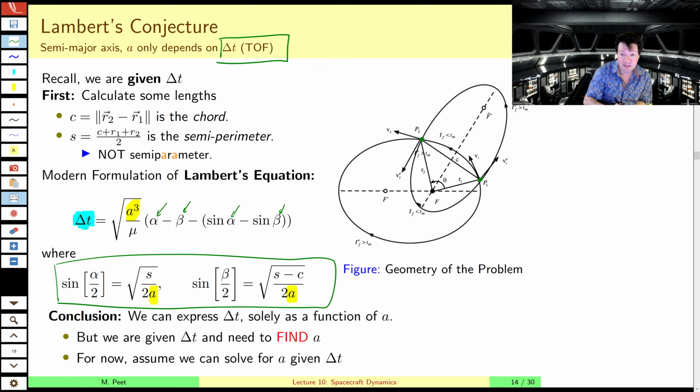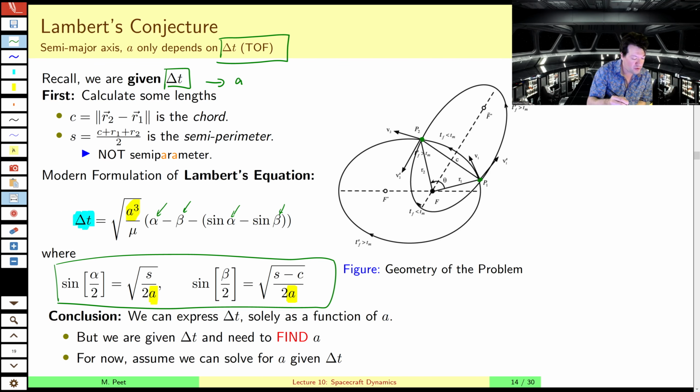We'll come back to that in part C of the lecture when we talk about how to actually solve Lambert's problem. Because remember, what we have is we're given a delta t, and we would like to determine the geometric parameter A of this transfer orbit.